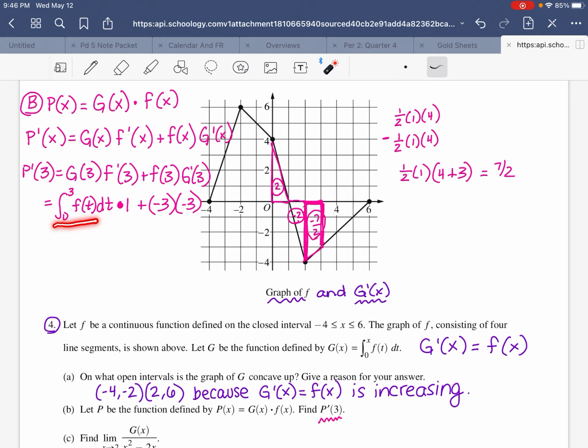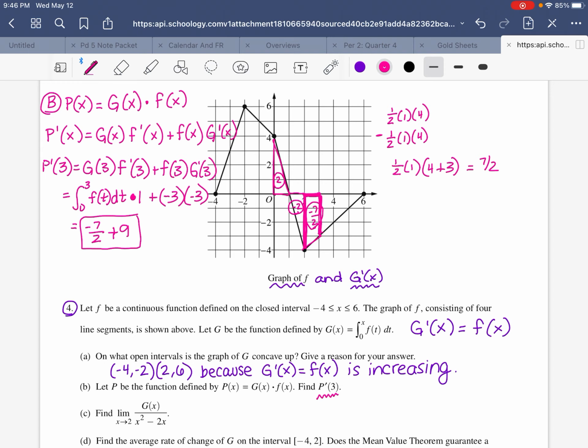So if I'm trying to find the area all the way from 0 to 3, the 2 and the -2 would cross each other out, and I'd just be left with -7/2 times 1 plus -3 times -3, so plus 9. And I wouldn't simplify, I'd leave it just like that, and that would be my answer to part B.